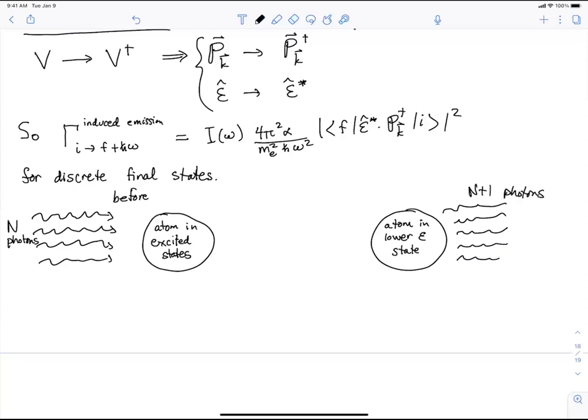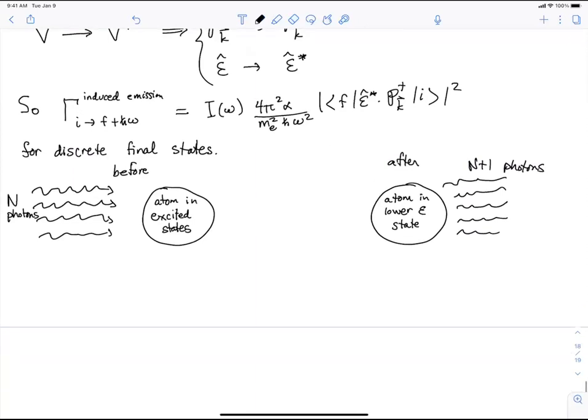And so that's the after state. That's what we've computed the rate for. Okay, and so that's why we say this transition is induced by the light. If there was no light there to begin with, then the thing we computed would be 0.